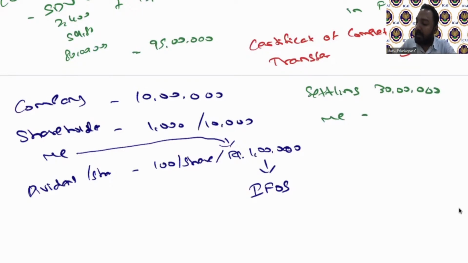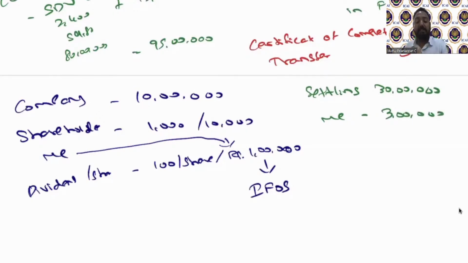My share for 1,000 shares out of 10,000 will be 3 lakhs.